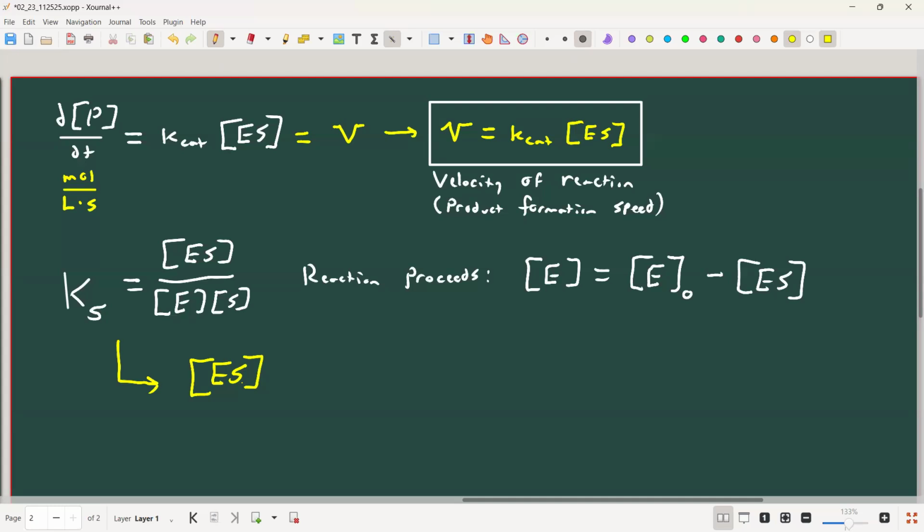So that's a number that we're going to have to fudge over using the steady state approximation, because ES forms very rapidly. The rate of creating ES is just as fast as the rate of destroying it, so its rate of formation is 0.